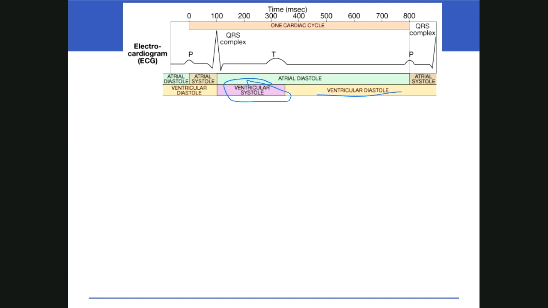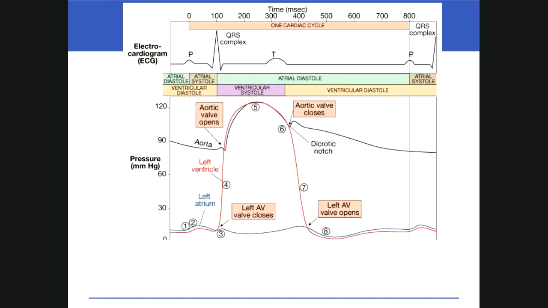During systole, remember, we're going to create pressures. And so if we look at the pressures, there's three pressures. There's the atrial pressure, ventricular pressure, and aortic pressure. So when the atria are in systole, atrial pressure goes up. When the atria are in diastole, atrial pressure goes down.